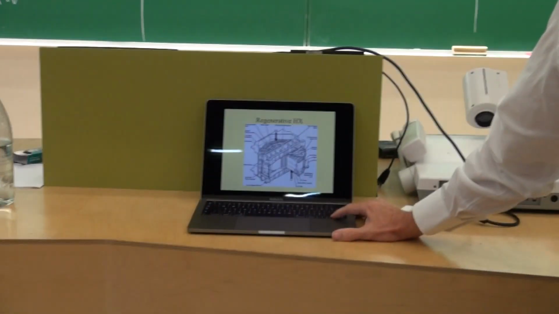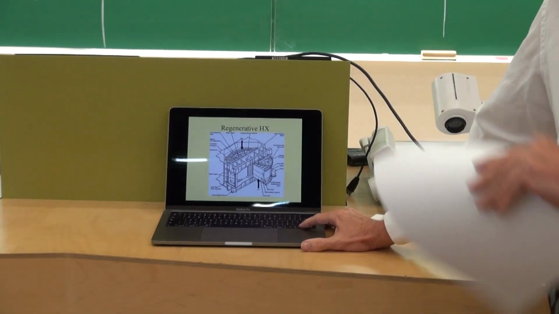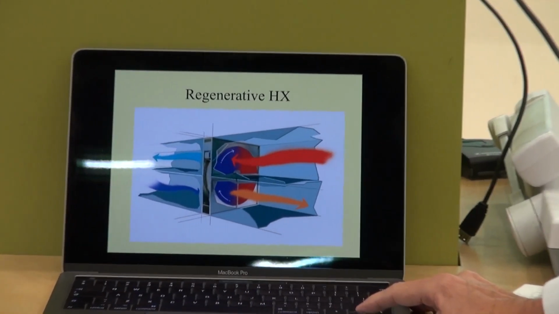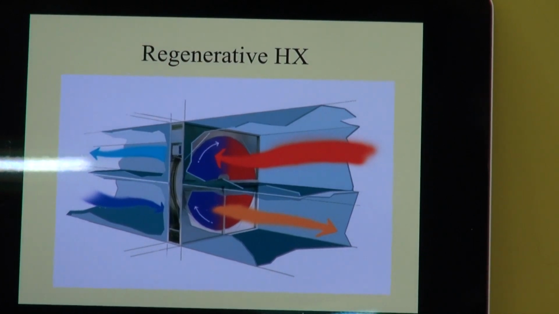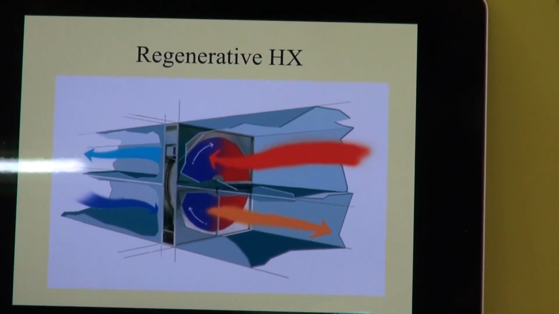An example of that, there's a sketch typically of how it looks, much more complicated than I've showed there, but there you can see the principle of what really happens.